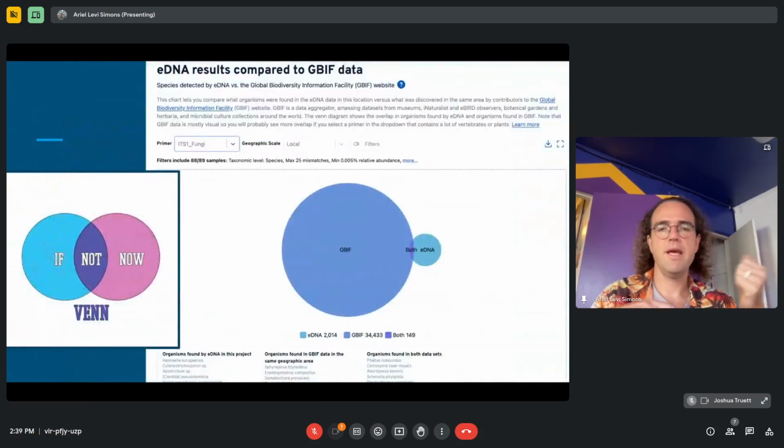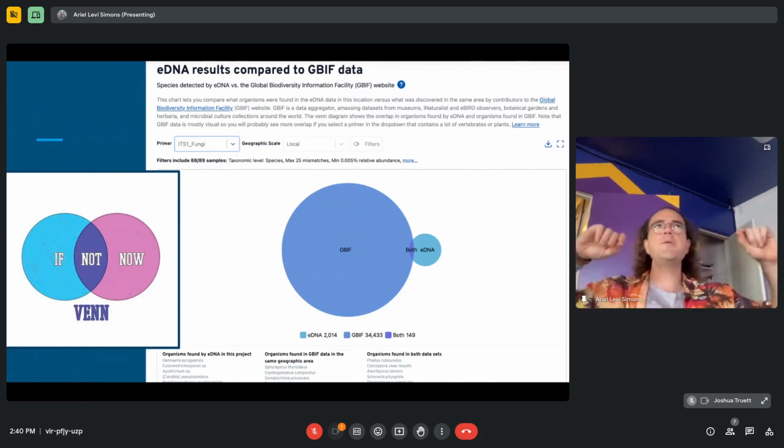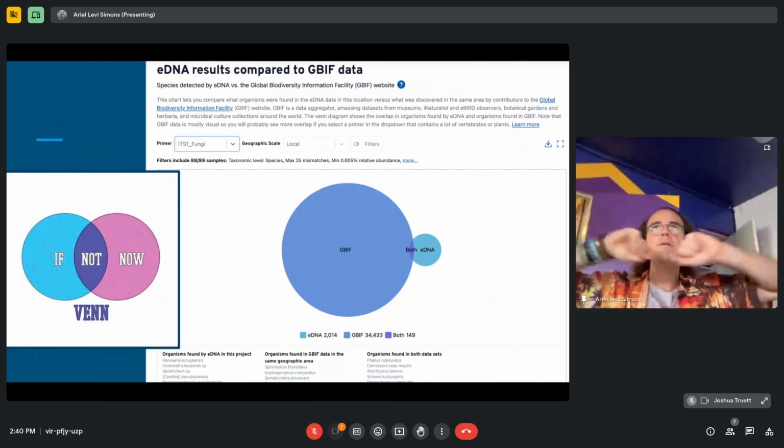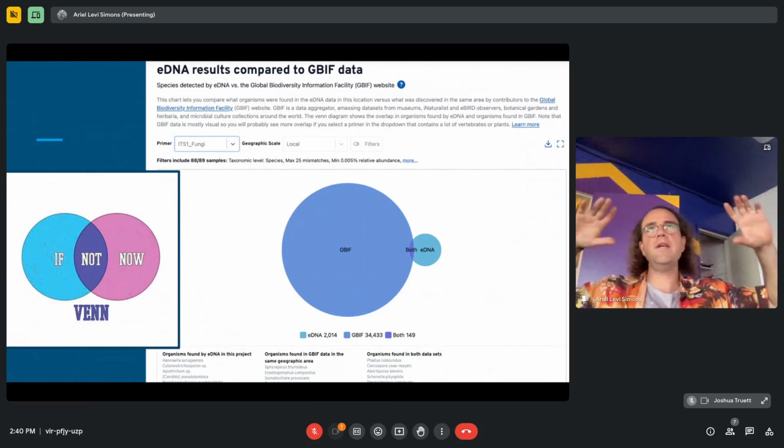And this is an example of what we get from eDNA Explorer. This is just local to the LA River watershed. Here are all the fungal species we've identified that come up. Now, the way we define local is a half-degree box that we draw around all the points in a study. So let's take the Los Angeles area and then draw half a degree around it.